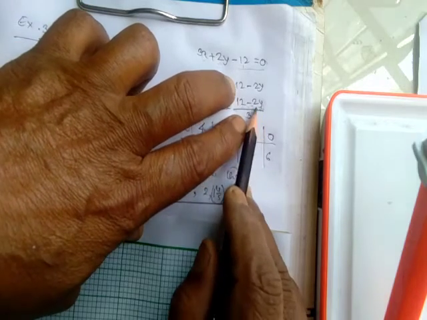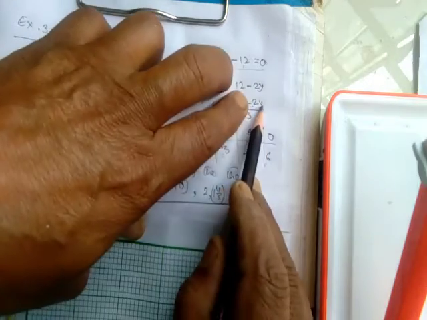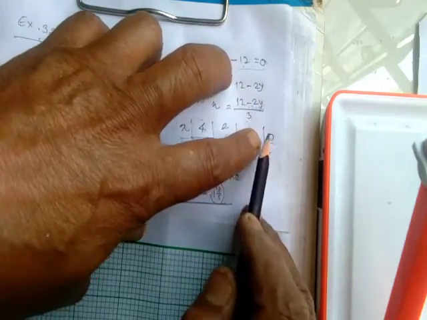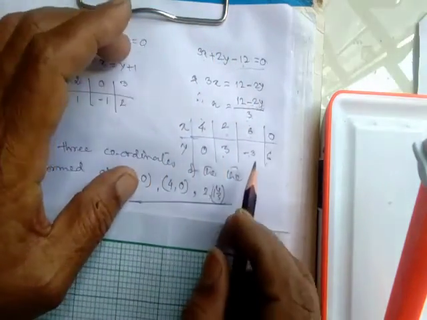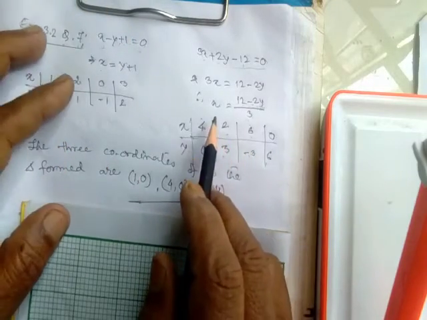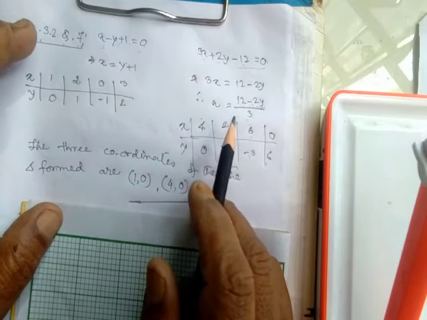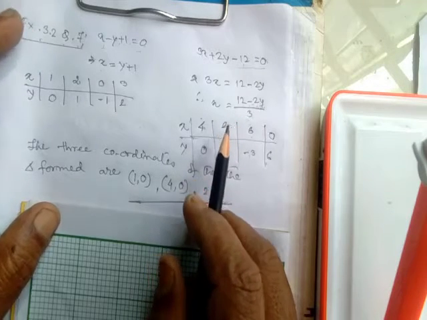Putting y is equal to 6, 2 sixes are 12, 12 minus 12 is 0. This is how we will prepare the table. We take the value of one of the variables ourselves and get the corresponding value of the other variable.